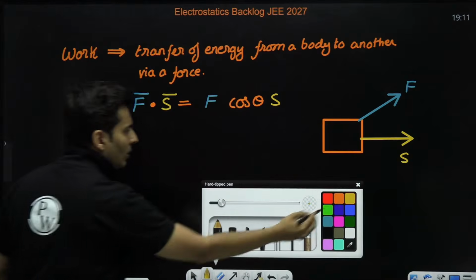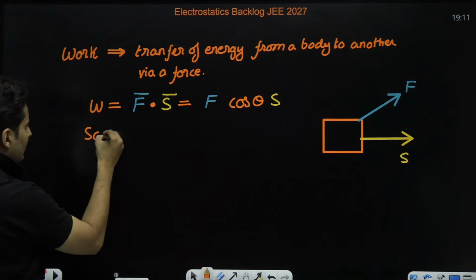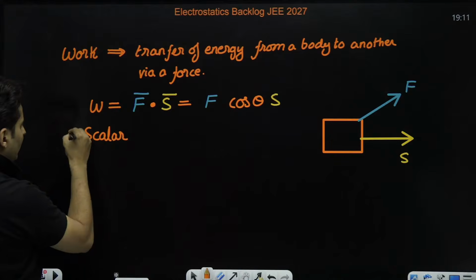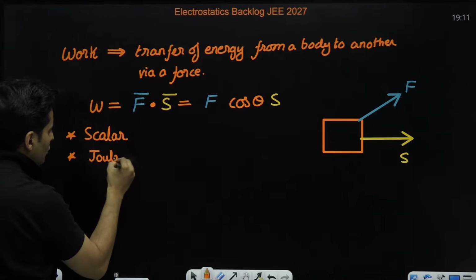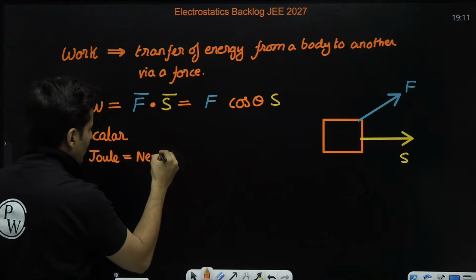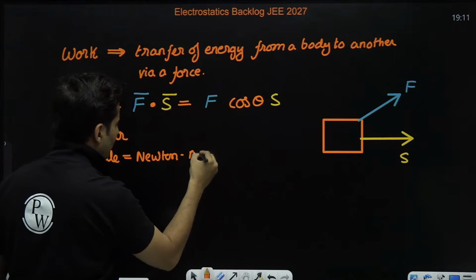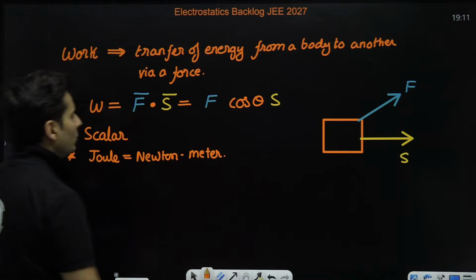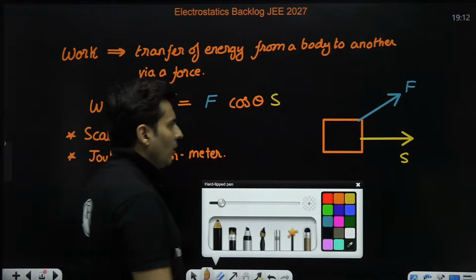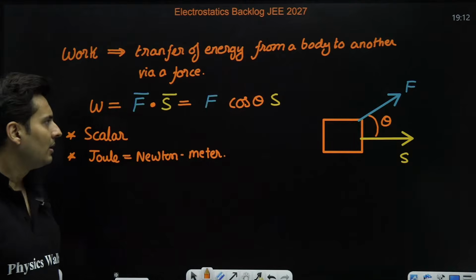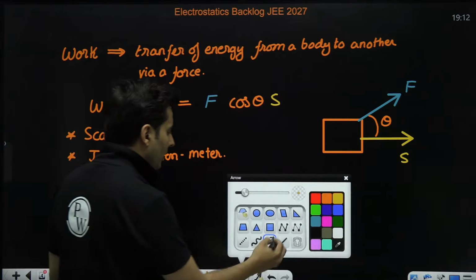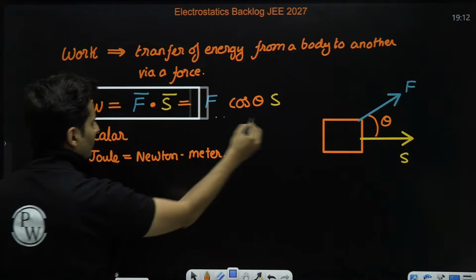So we all know that work is a scalar entity whose unit is nothing but a joule, which is nothing but a Newton into meter. This angle also matters, whatever is there between the force as well as the displacement. This is the formal definition of work.